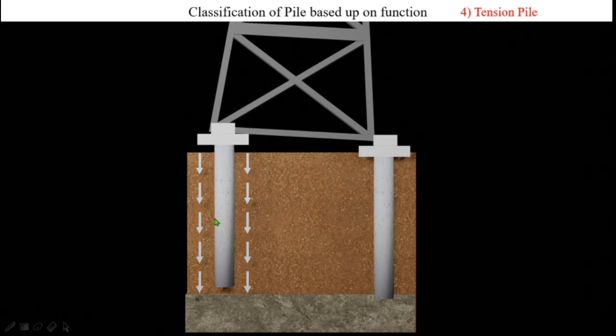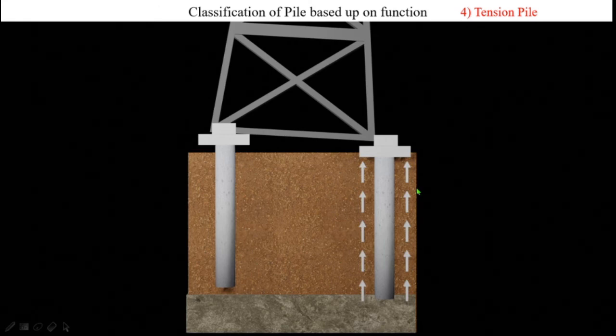But as this pile is getting lifted in upward direction, that's why you have friction vertically in downward direction. Same thing, opposite thing will happen for this other pile. This one will develop friction in vertical upward direction. So this is all about friction pile.